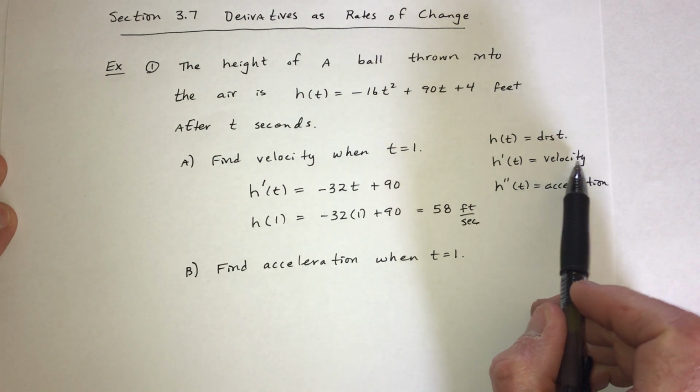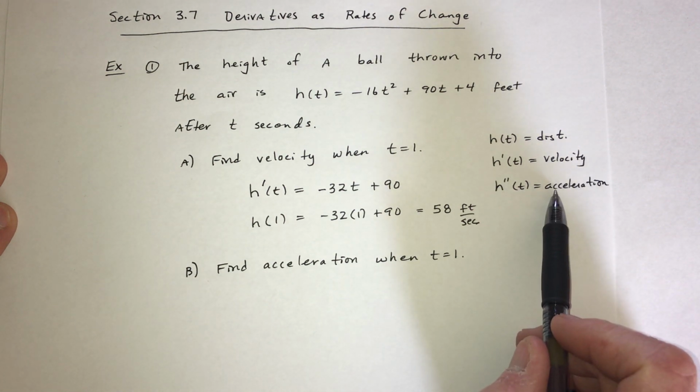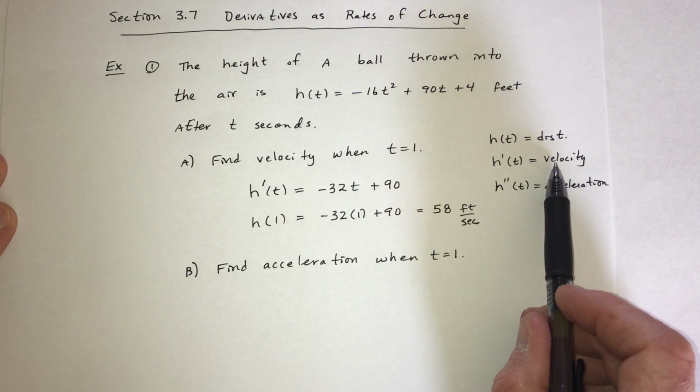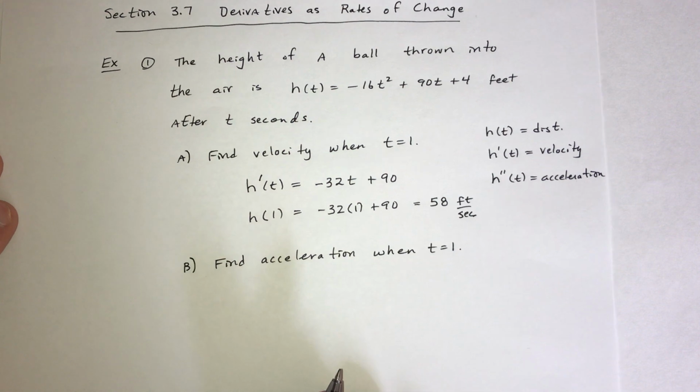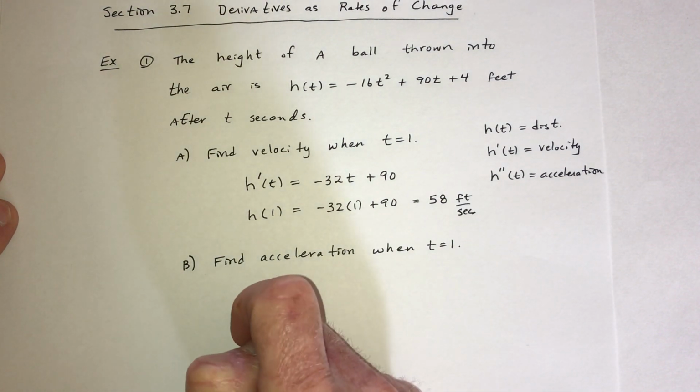So this is how fast it's going, and this is it holding a steady velocity, or is it speeding up, or is it slowing down? So that's acceleration. So we need the derivative of the derivative.